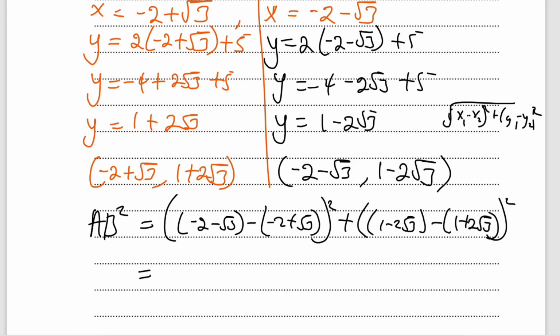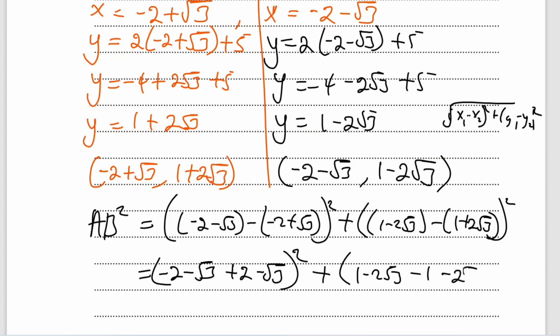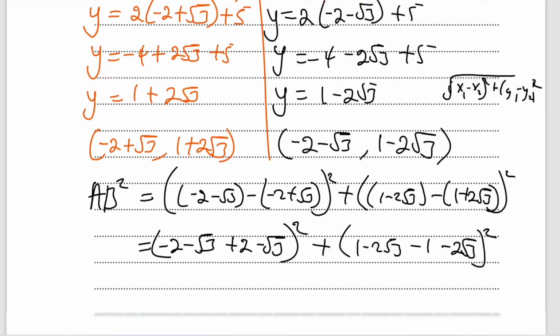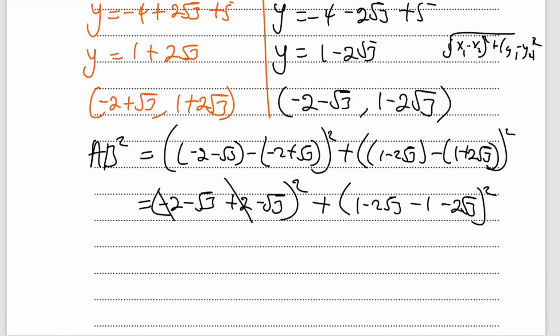Okay, so that I can have negative 2 minus root 3, and then I can have plus 2 minus root 3 all squared. Then I'm going to have 1 minus 2 root 3 minus 1 minus 2 root 3 all squared. And then the 2's will cancel out, so I just have negative 2 root 3 all squared.